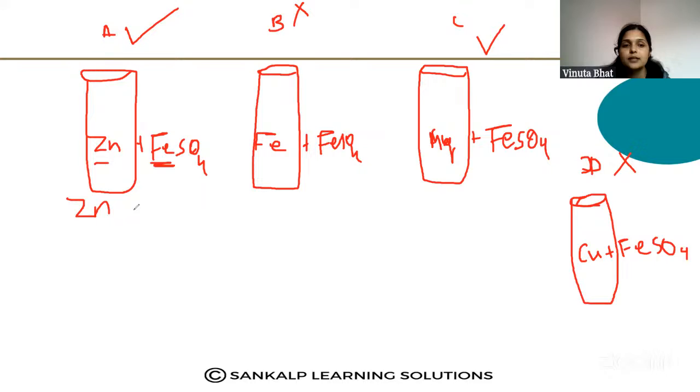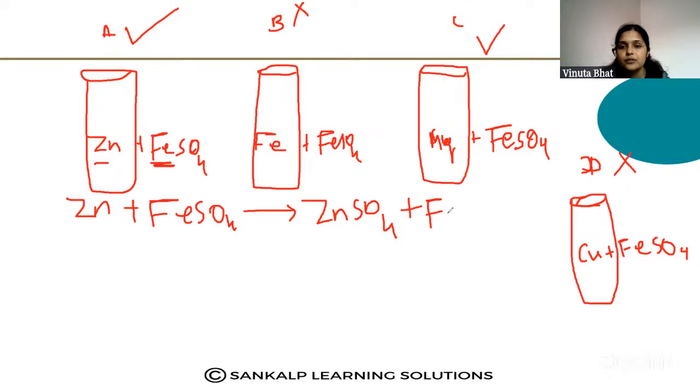Zinc plus FeSO4 forms zinc sulfate plus Fe, displacing the iron from its solution. So zinc has more reactivity than iron, so this reaction is possible. But here iron is not able to displace iron, so the reaction does not take place.